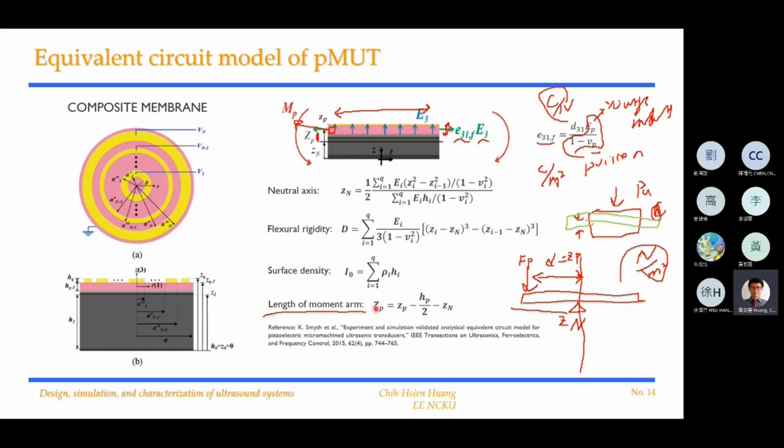So we just use capital ZP to represent the length of movement arm, and the value will be the coordinate of the top layer of the piezoelectric layer, minus half of the thickness of the piezoelectric layer, and minus the neutral axis. So that will be the ZP here.